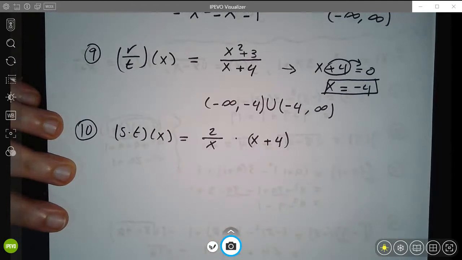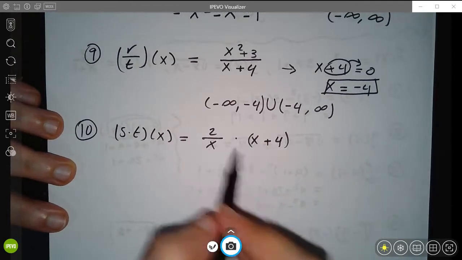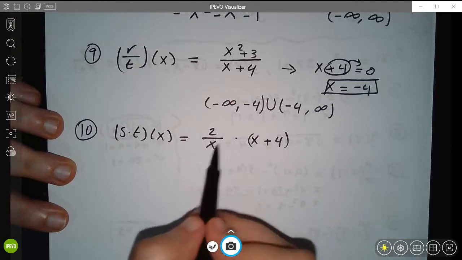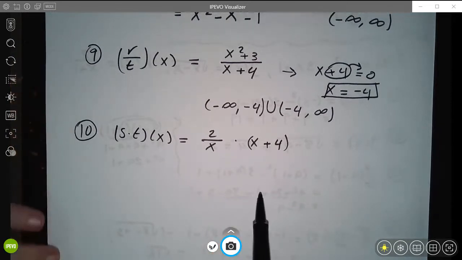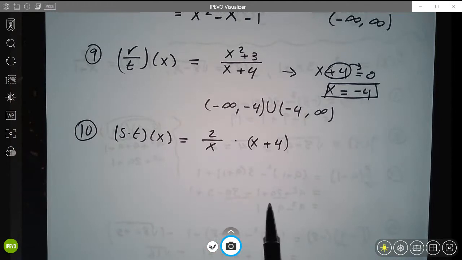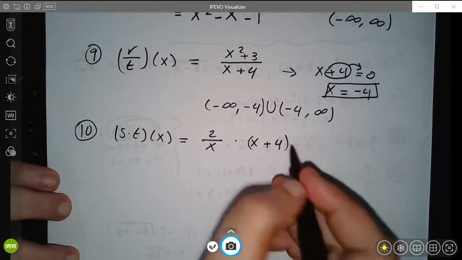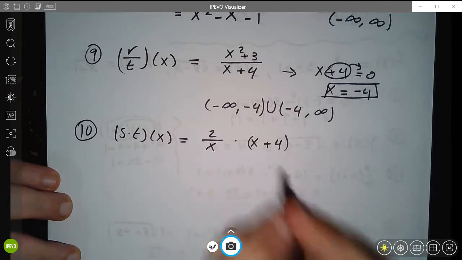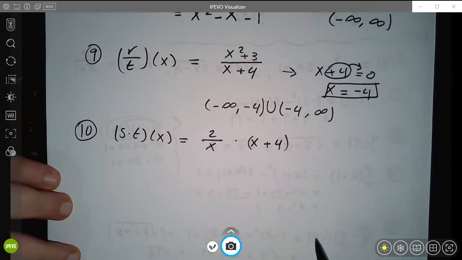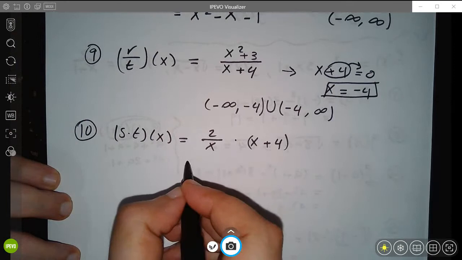So this is s times t. Okay? Now, I did this because I wanted you to see that 2 over x is multiplied by the x and the 4, not just the x. So it's always a good idea to place a second function, whatever the operation, in parentheses. Okay? Now, this equals what?